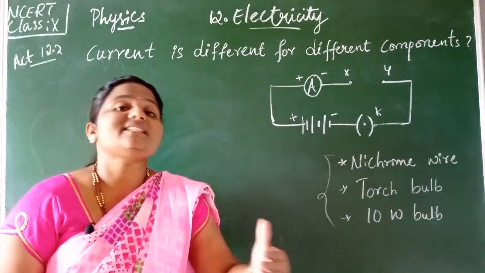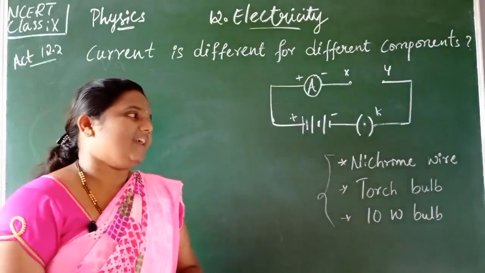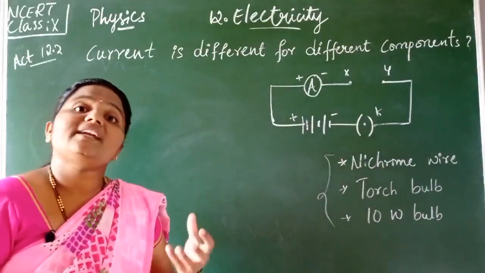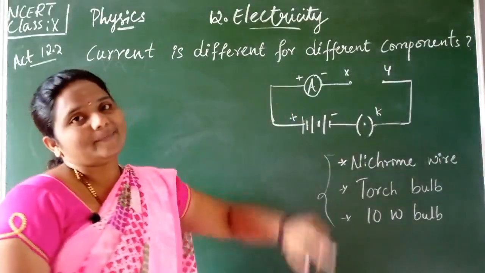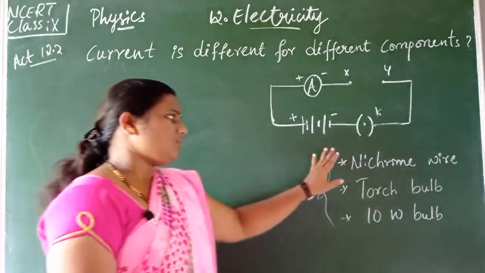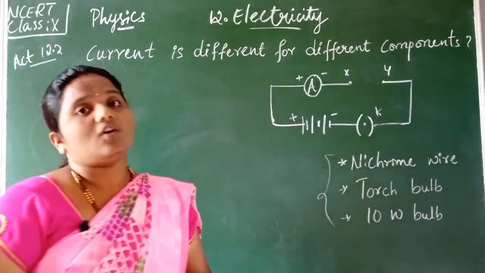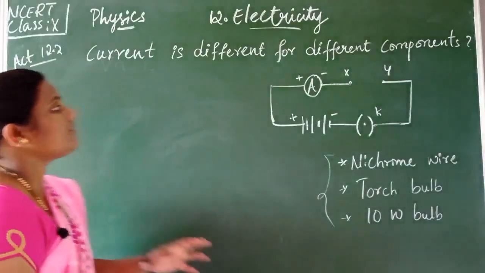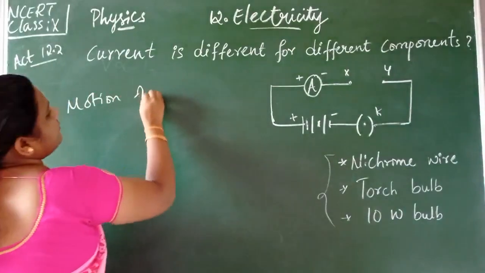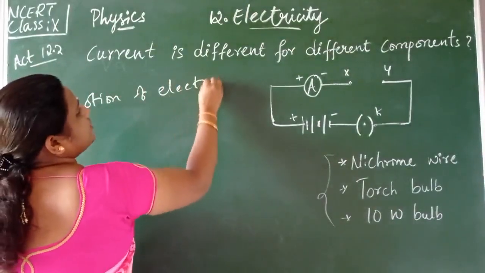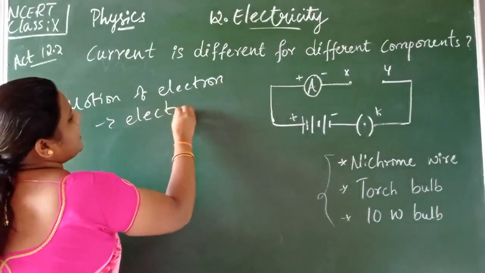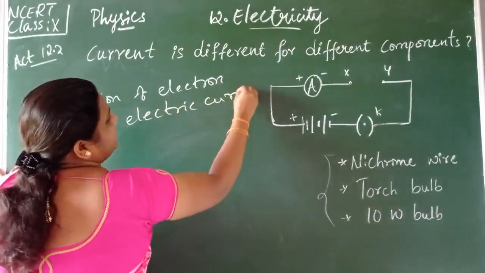They resist the flow of current, and because of that we get different current values in the ammeter reading, children. Understanding my point, children? Yes. Moreover, we already learnt that the motion of electrons, which are electric charges, constitutes electric current.